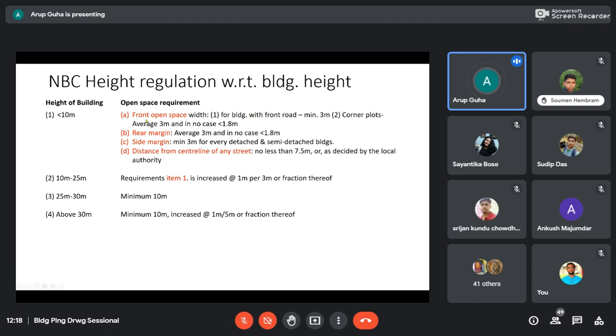Say less than 10 meters, then front open space width for a building with front road is 3 meters in front, and corner plot average 3 meters, and in no case less than 1.8 meters. At back, average 3 meters, in no case less than 1.8 meters, side minimum 3 meters. Actually, this is by NBC. In corporation rule, it is reduced, so we can move on.